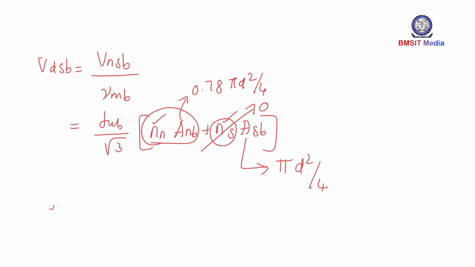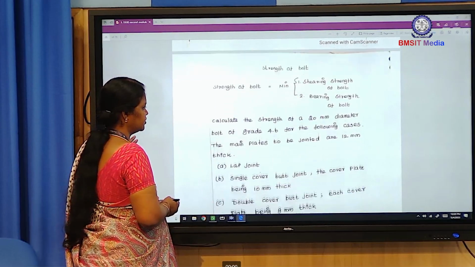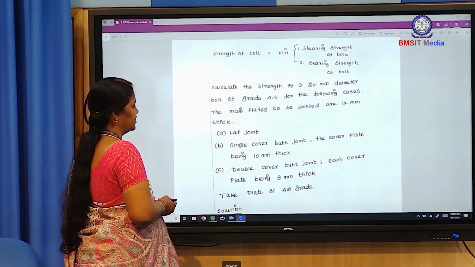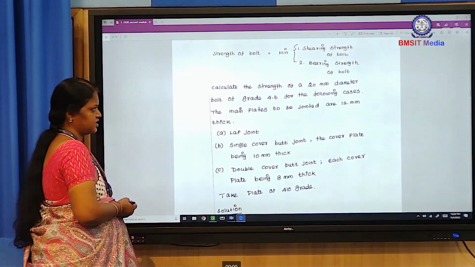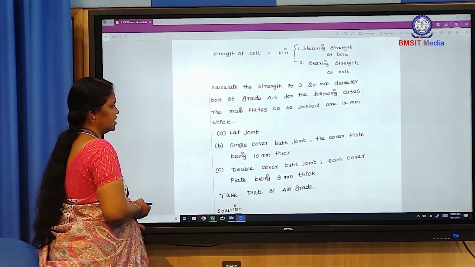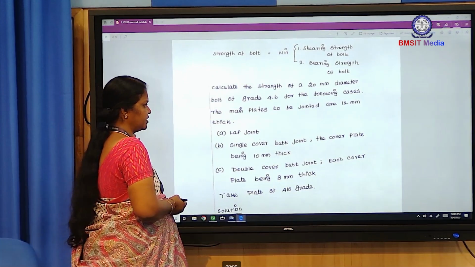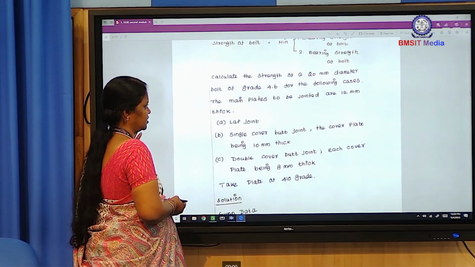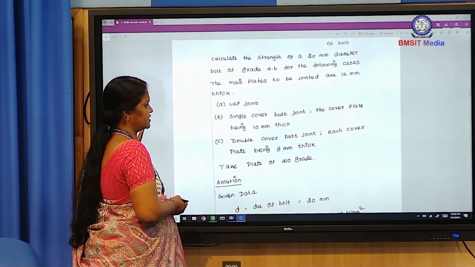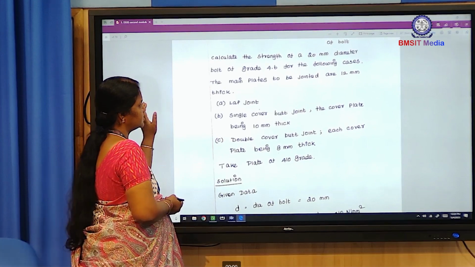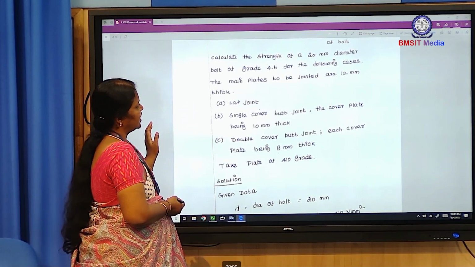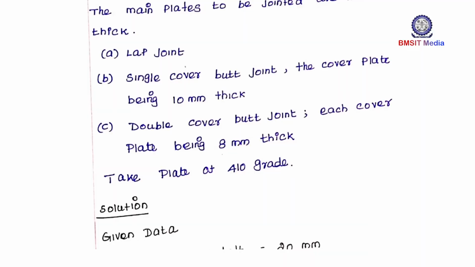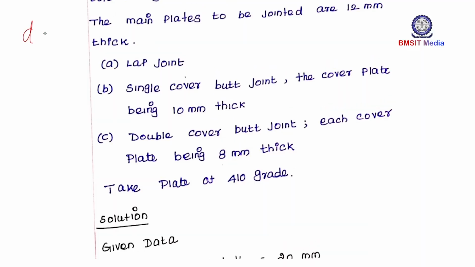Now we will see one problem. Calculate the strength of a 20 mm diameter bolt of grade 4.6 for the following cases. The main plates to be jointed are 12 mm thick. So the main plate thickness is 12 mm, with bolts of grade 4.6 and 20 mm diameter. So d equals 20 mm.